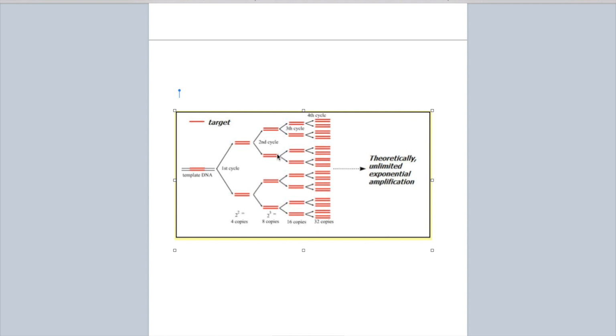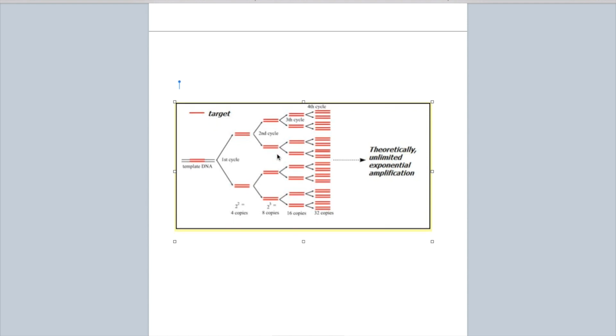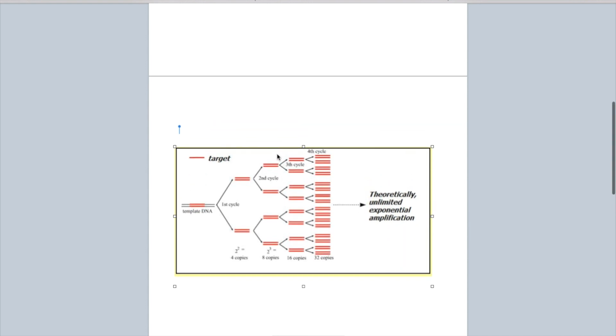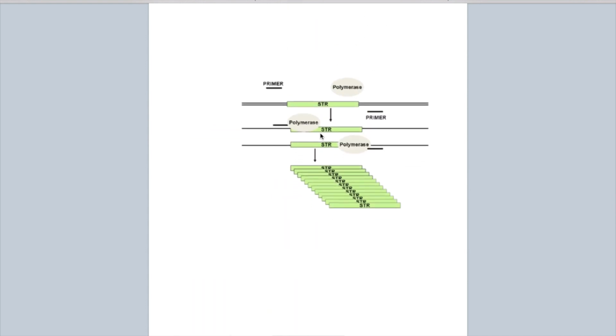We can use PCR to amplify, which means create many copies, and therefore we can create many copies of the STR, like here.